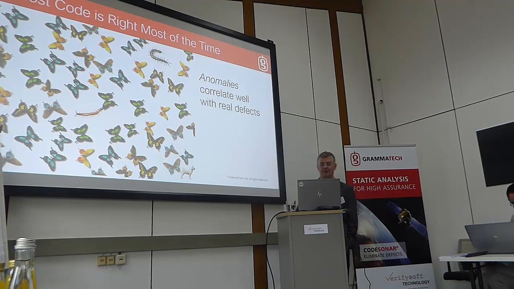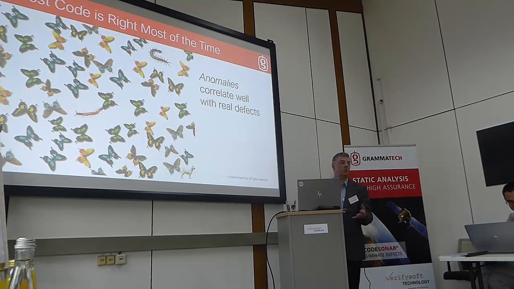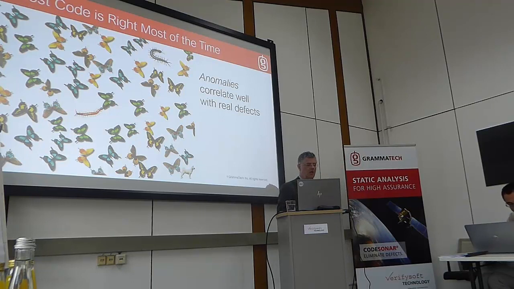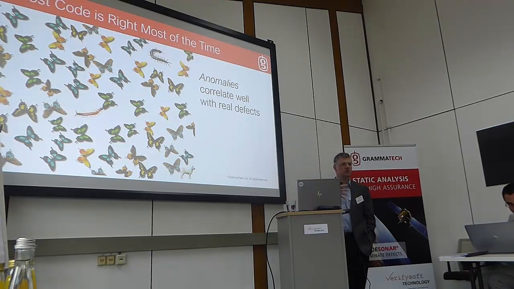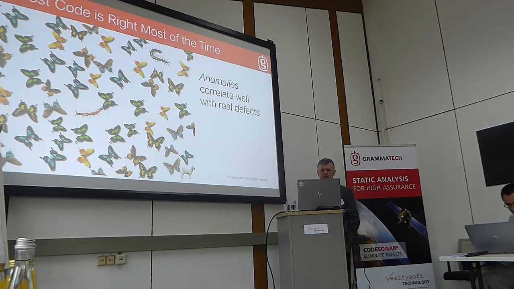If it's not right most of the time, then the code is going to just fail immediately. But what I mean is most code that's at least somewhat mature. And because most code is right most of the time, anomalies, that is things that are unusual in the code, correlate quite well with real defects.